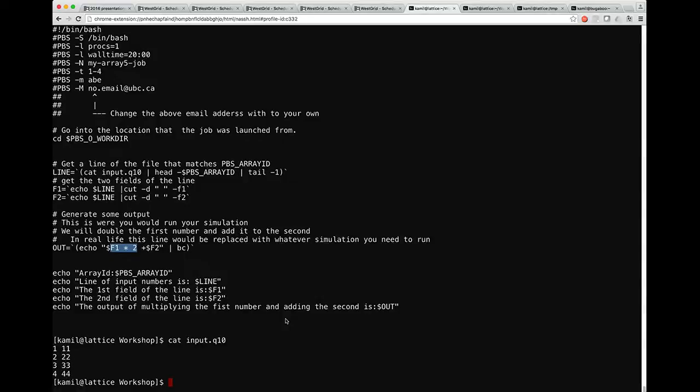Now, you could modify this to have many different outputs, but basically, it will run a simulation on this column of numbers. If you know how to do it for one, you can use this example to create an array of jobs. Are there any questions?